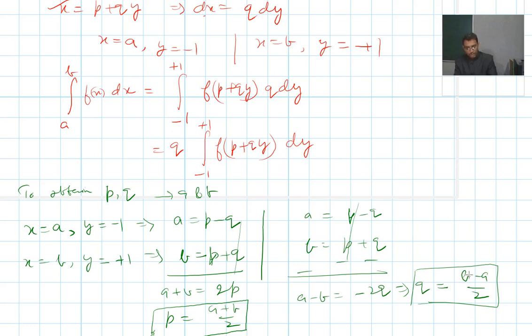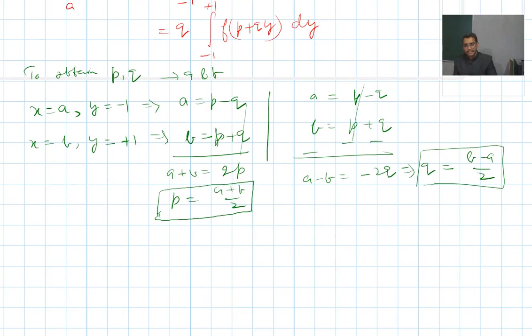Now what do we do? Therefore x can be written as x is equal to p plus qy, and it is (a plus b) upon 2 plus (b minus a) by 2 times y, right?